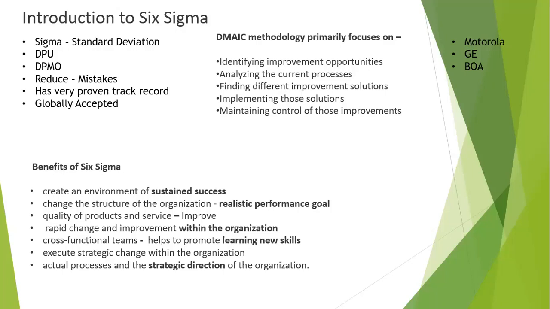DPMO is principally Six Sigma's way to identify your errors. For example, you are making 10 errors. In our previous way of working, if one person makes 1 error, we call them and scold them left and right. But Six Sigma asks: 1 error out of how much he did?